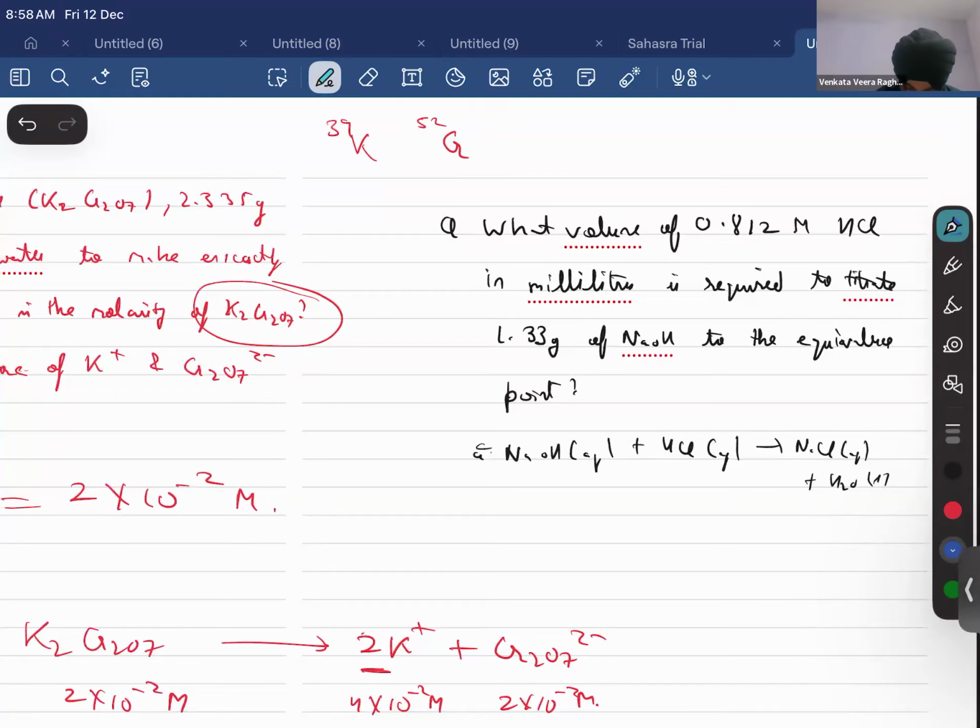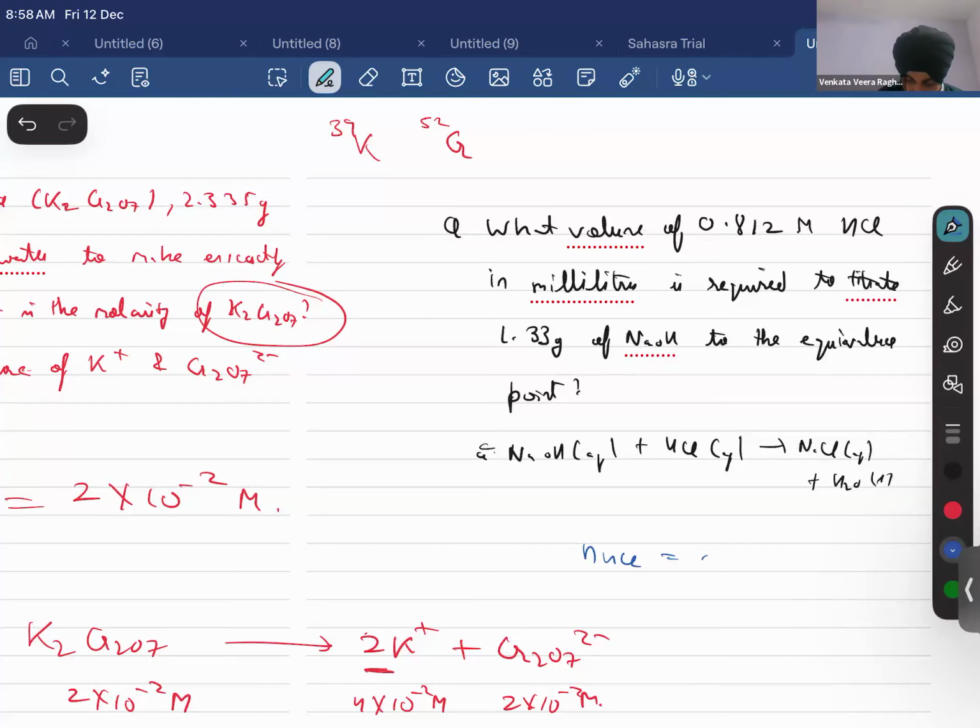So you just did the number of moles of HCl equal to number of moles of NaOH here? Yes, sir. Okay. If you have done this, then it's good to go.